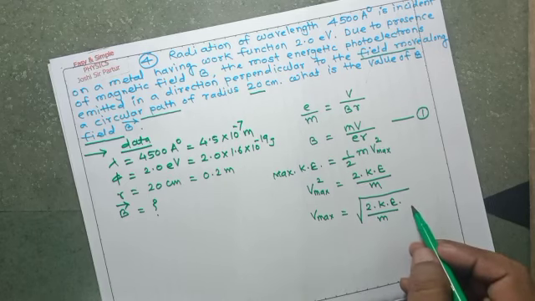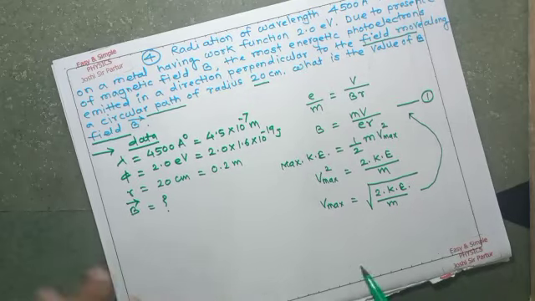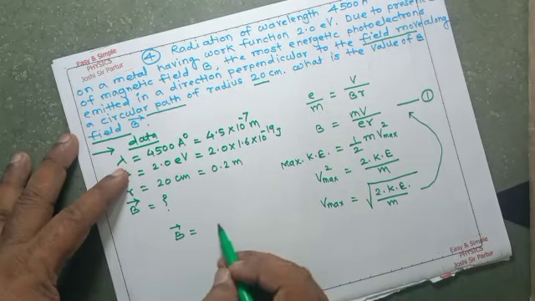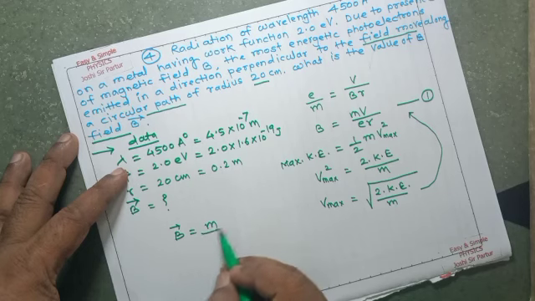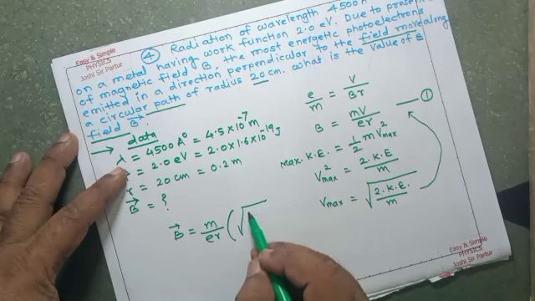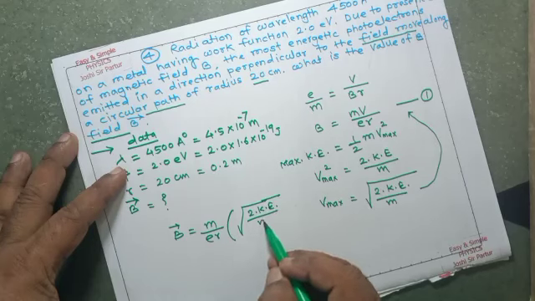If we substitute the value in equation 1, here we can take B is equal to m upon er in bracket square root of 2 times kinetic energy upon small m.